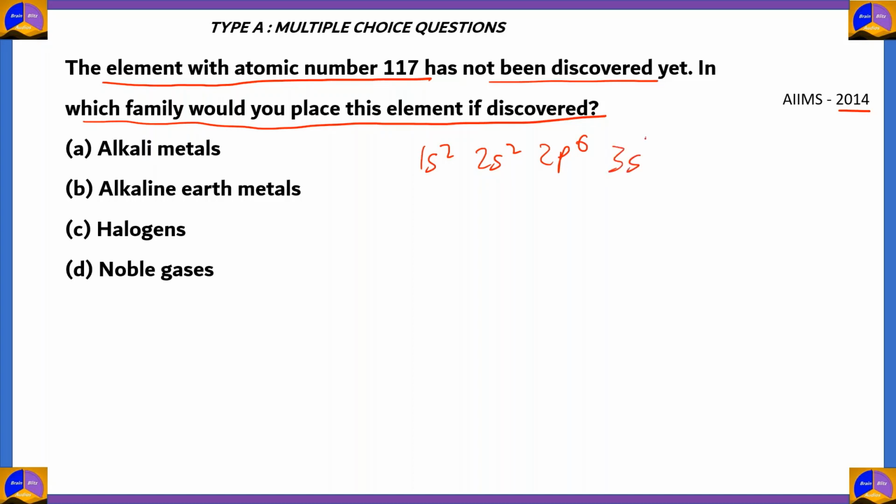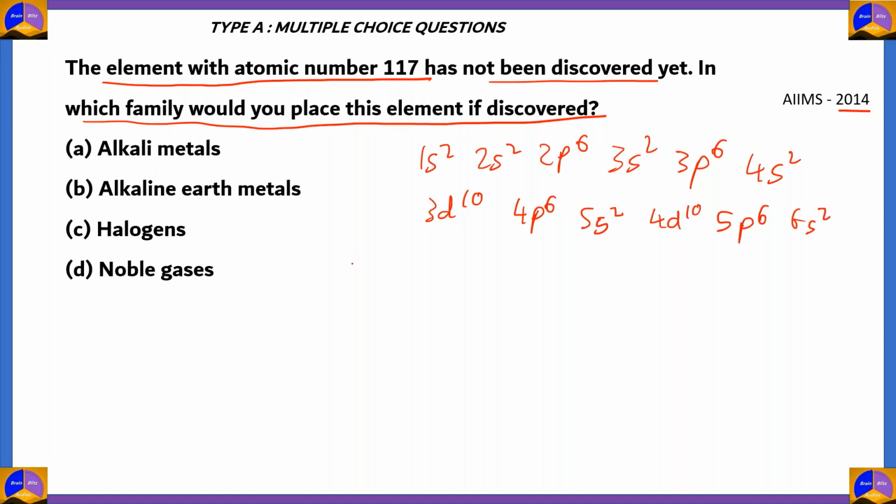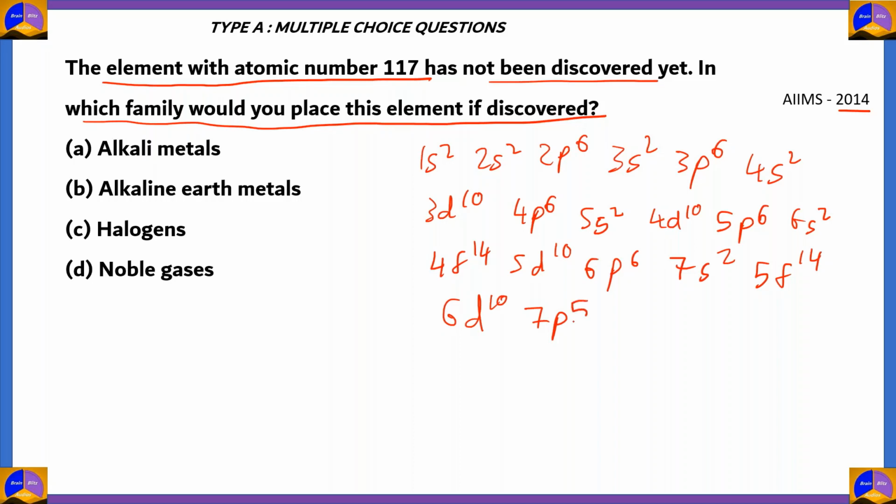So 2p6, 3s2, 3p6, 4s2, 3d10, 4p6, 5s2, and then 4d10, 5p6, 6s2, 4f14, 5d10, 6p6, 7s2, 5f14, 6d10, and 7p5.